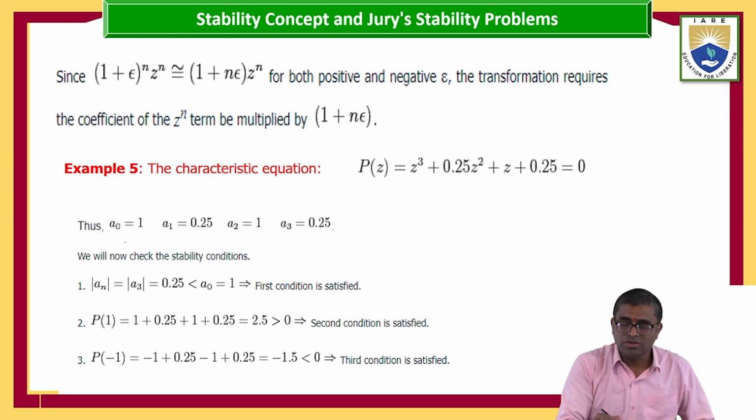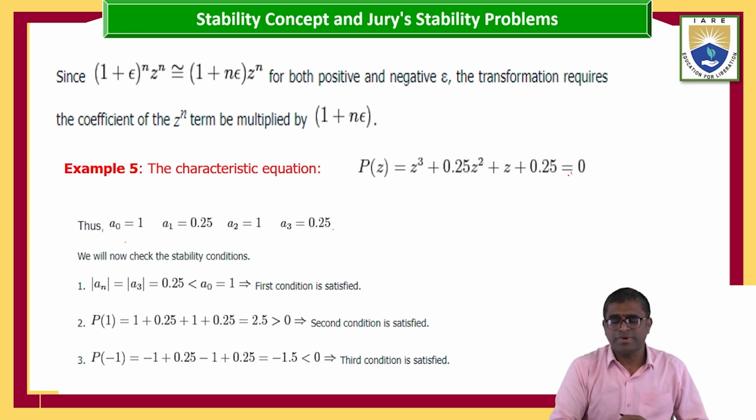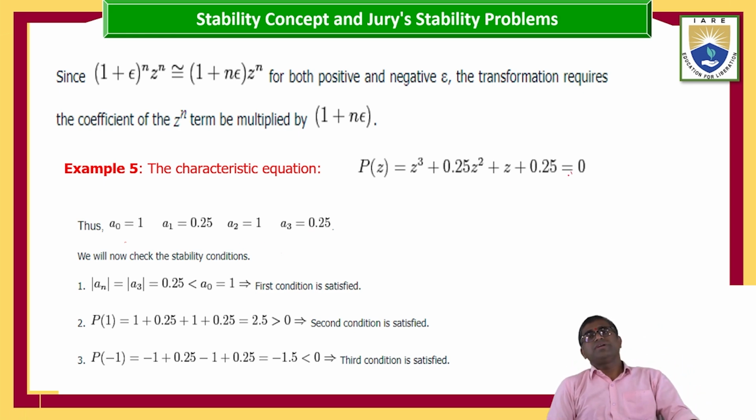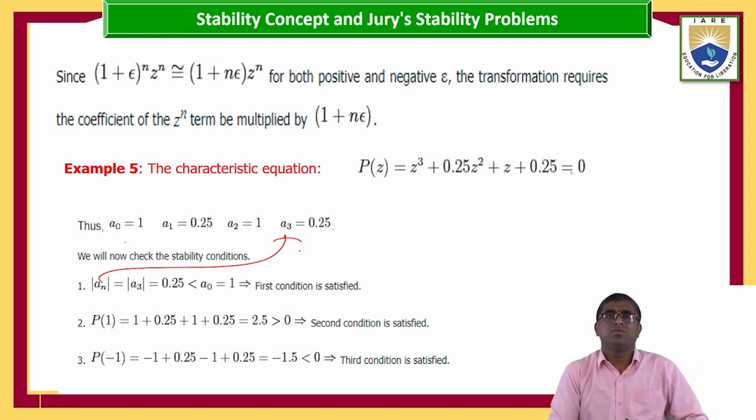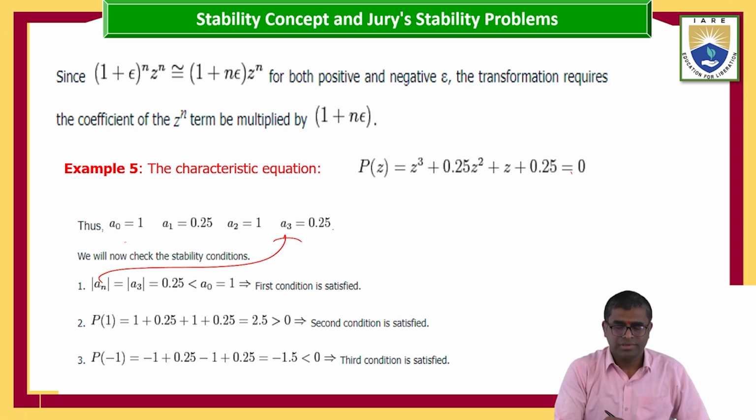What is the AN value? Here AN value is A3 value, that is 0.25.